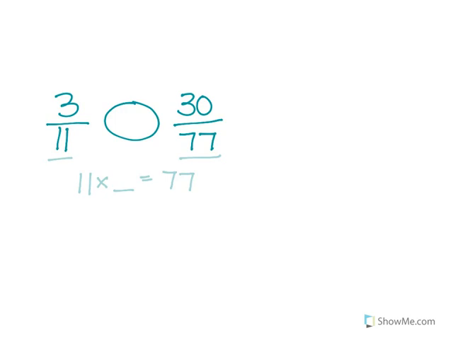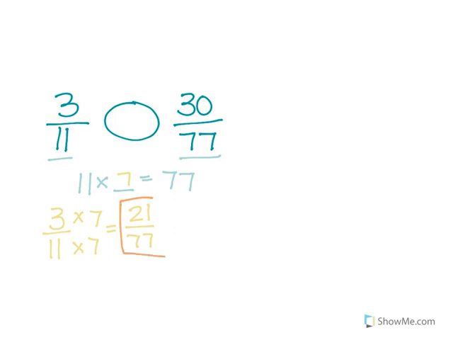Okay, so if I counted on my fingers, I would go 11, 22, 33, 44, 55, 66, 77. It would be my seventh finger. So that means I need to multiply this fraction by 7 to get an equivalent fraction with the same denominator. So I do 3/11. I multiply it by 7, top and bottom. I get 21/77.